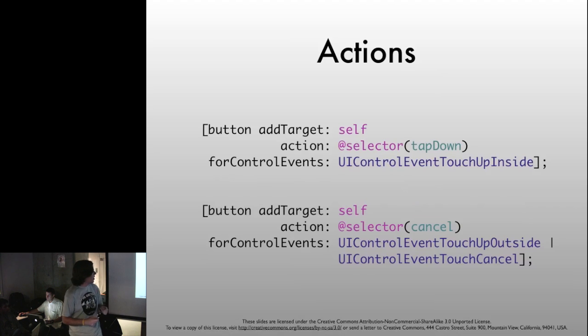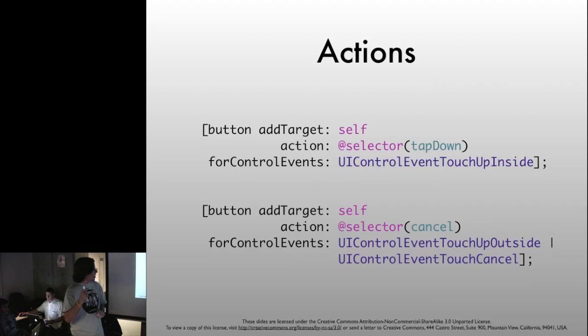So as an example, here we have a button. The common event for a button is when the touch comes up inside the button. That's when you want to actually commit to having the button be pressed. So you might tell the button to add the target self, for the action selector, for the control event UI control event touch up inside.